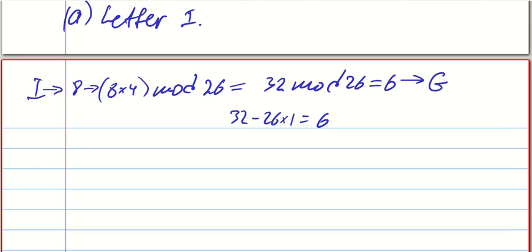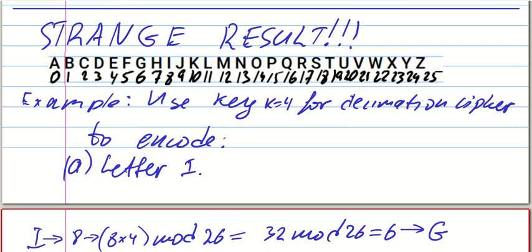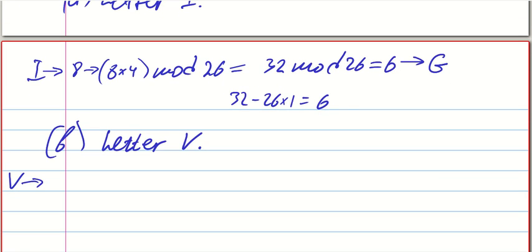So everything is fine, right? Nothing is wrong. But let's go to example part B. Someone tells you we're going to encode letter V with this key k equals 4. So we put V, we look up the position of V. V is 21, so we take 21, which means 21 times 4 mod 26.